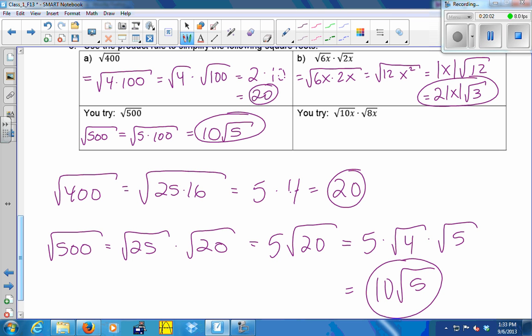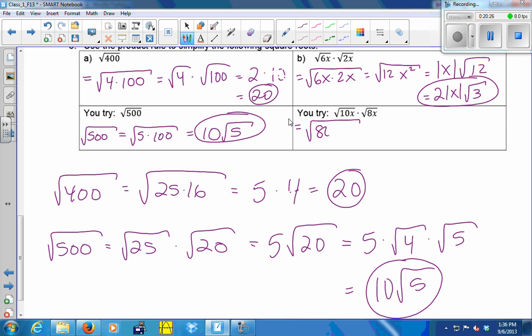Okay, you try with the radical 10x times radical 8x. All right, so I have the product of two square roots. I can write them as a single square root, take the product of the things underneath. So this is equal to the square root of what? 10 times 8 times x, right?